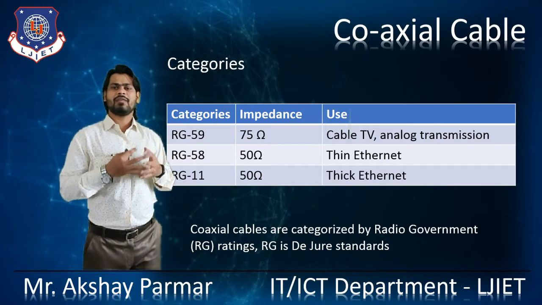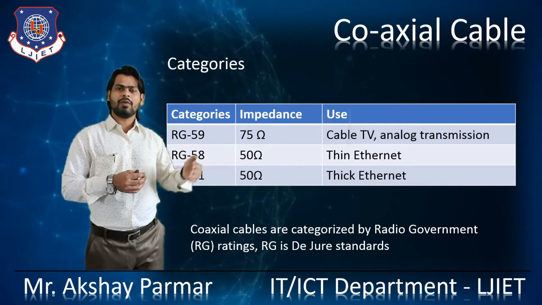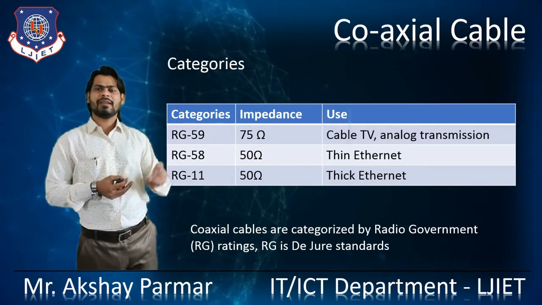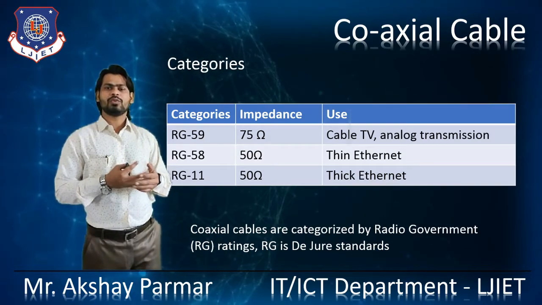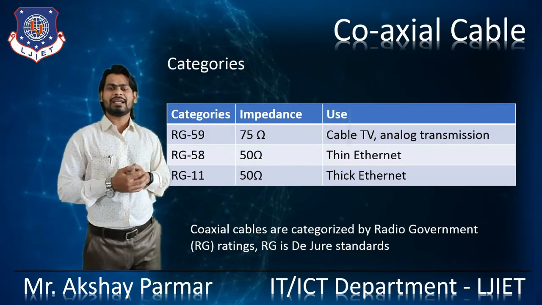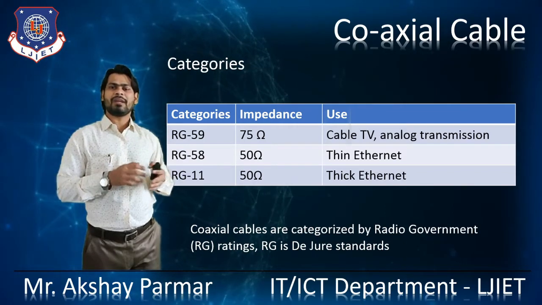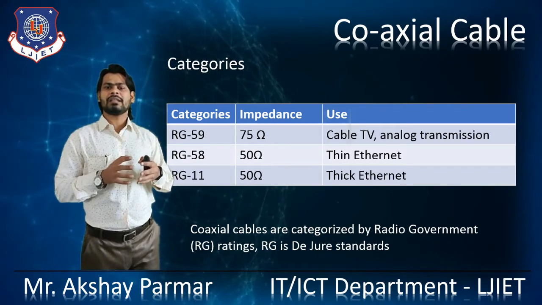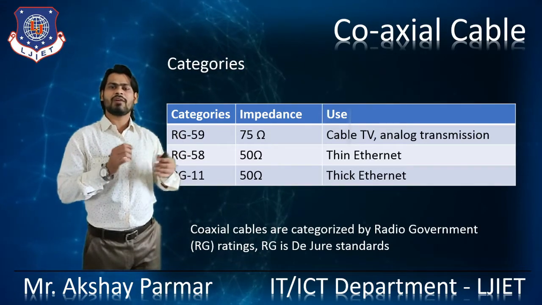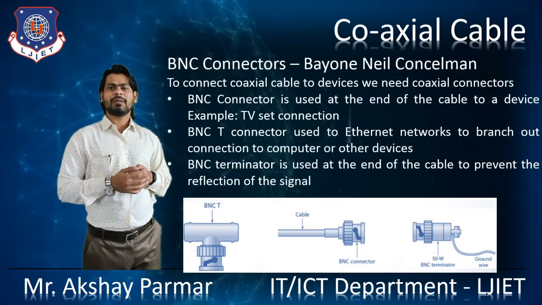RG59 has an impedance of 75 ohm and is used for cable TV and analog transmission, whereas RG58 is used for thin Ethernet and RG11 is used for thick Ethernet. Coaxial cables are categorized by the radio government, the RG rating, and RG is the de jure standard. So this RG stands for radio government. This is the basic categorization of the coaxial cable.